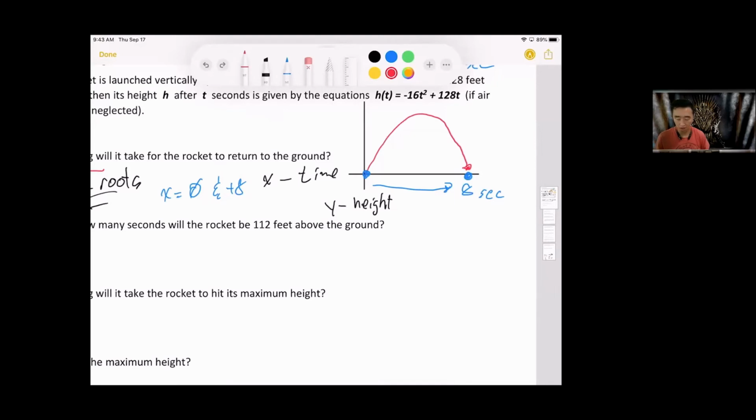So I want you to make sure that you understand. You only do the common factor when you're trying to find, when you're using the quadratic formula. Don't use it when you try to find the vertex. If you do it when you try to find the vertex, it's going to change things.